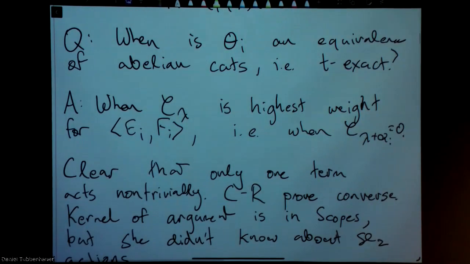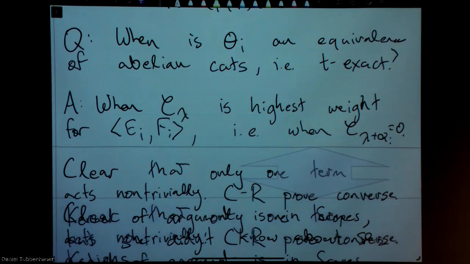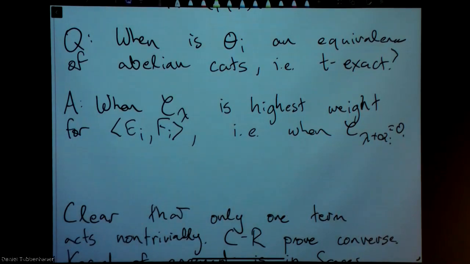All right, so let me just write this. And I should mention, this fact was surely known to Chuang and Rouquier when they wrote their paper. I don't think they ever explicitly wrote it, probably because they thought it was too obvious to mention.